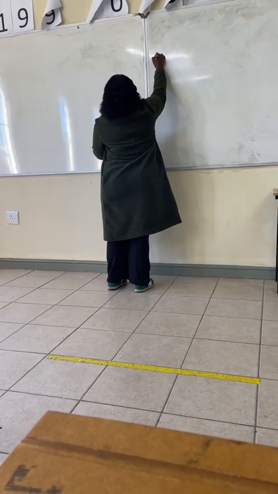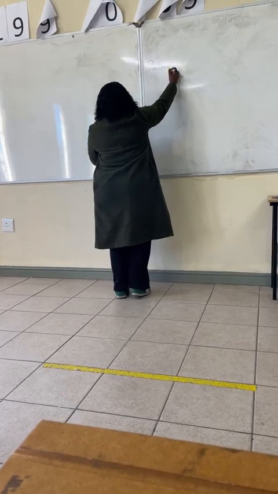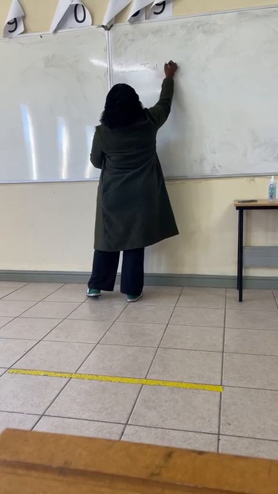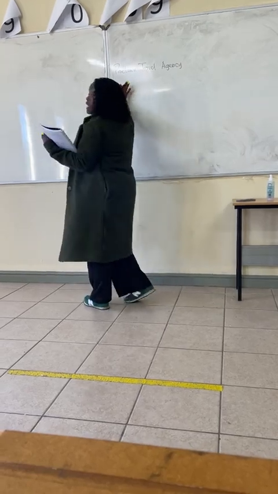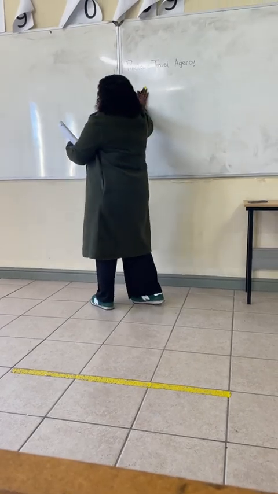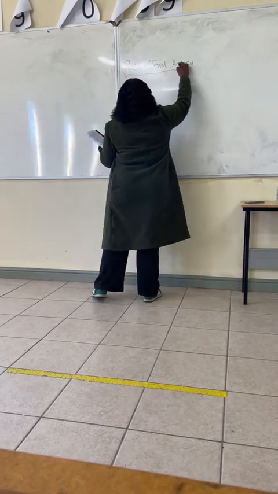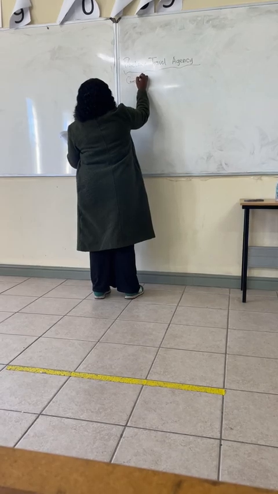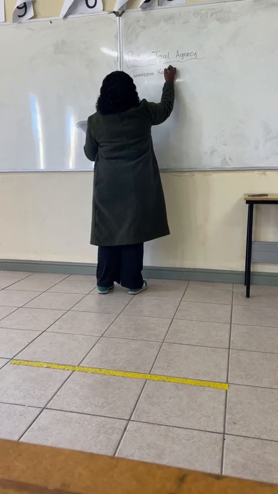It's Pinetown Travel Agency. We are only focusing on the income, which is the money that is coming into the business. The first one will be commission received. Remember, I said commission received will always be the first one. Commission received.